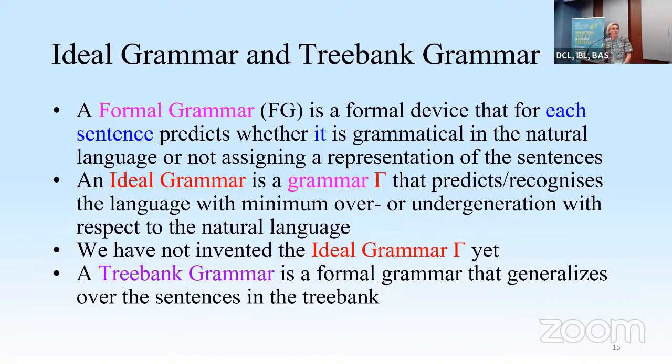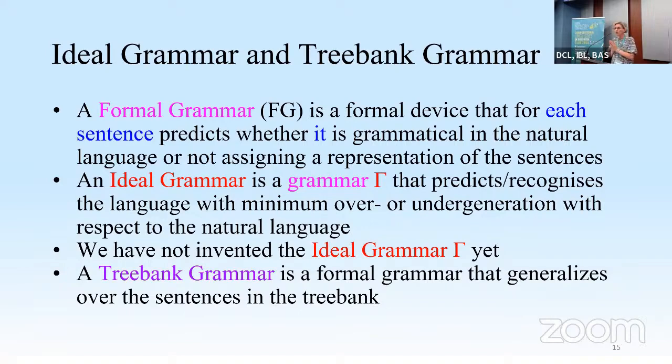And here we have some terms. A formal grammar is a formal device that for each sentence predicts whether it's grammatical, belongs to the language or not, and if it belongs, it assigns some structure. An ideal grammar is a grammar that predicts the language with very minimal over- and under-generation.